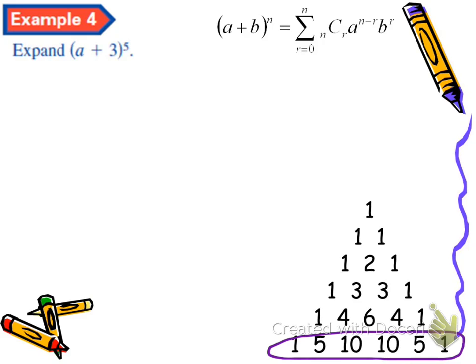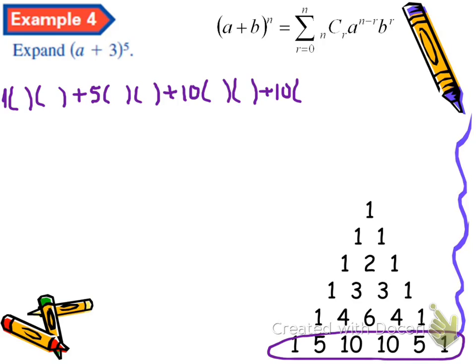I need 1 times a times b plus, then I need 5 times a times b plus, I need 10 times a times b plus another 10 times a times b plus 5 times a times b plus 1 times a times b.